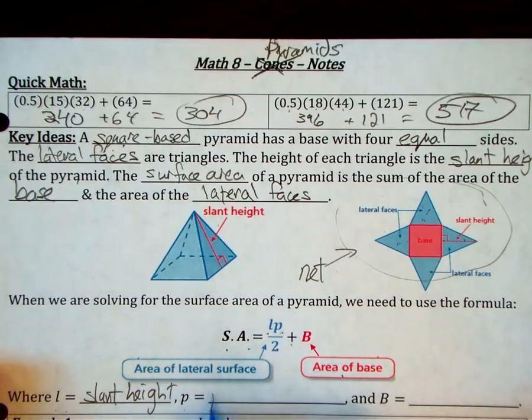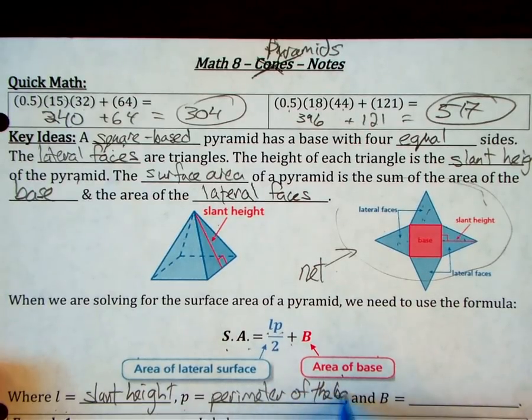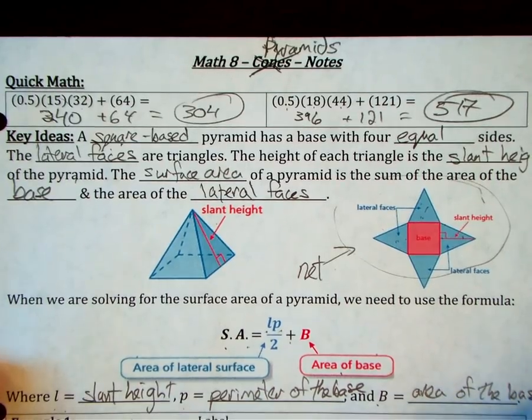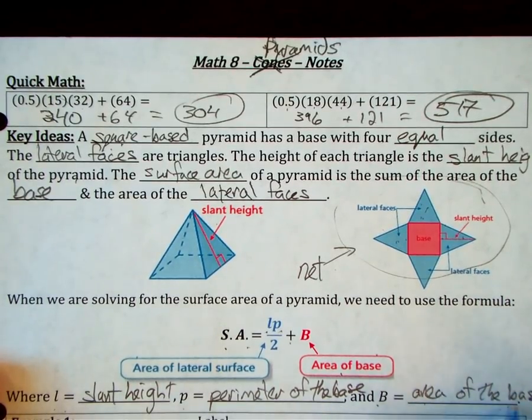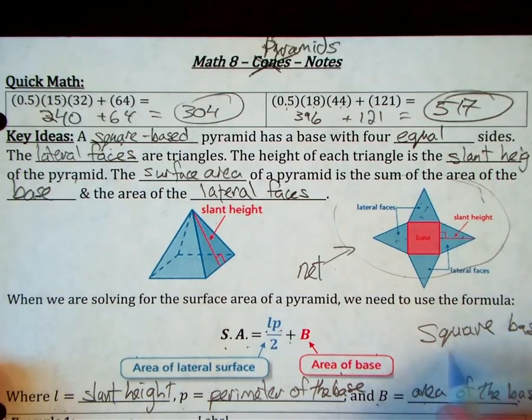P is the perimeter of the base. And, again, B is the area of the base. And just remember, too, when you're talking about the area of the base of a pyramid, we're talking about a square base. So it's just the area of a square base, which again is just one of those side lengths squared, or raised to the second power.